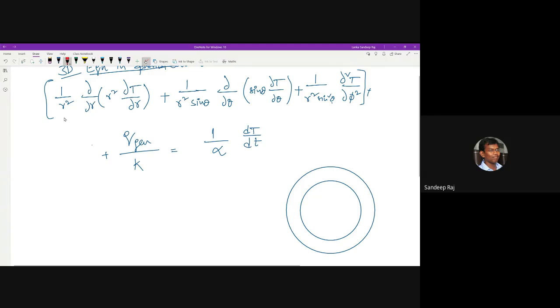The assumptions go like this. I'll consider it is one dimensional, that is, r, theta, phi is the spherical coordinate system. For that, theta and phi will get cancelled, only r will be there. Then I will say that qgen is 0, that there is no internal heat generation.